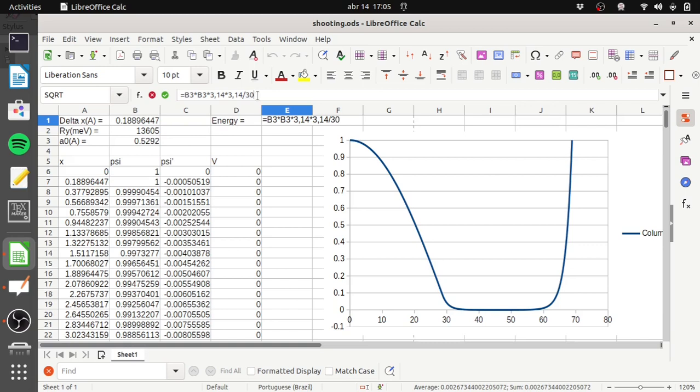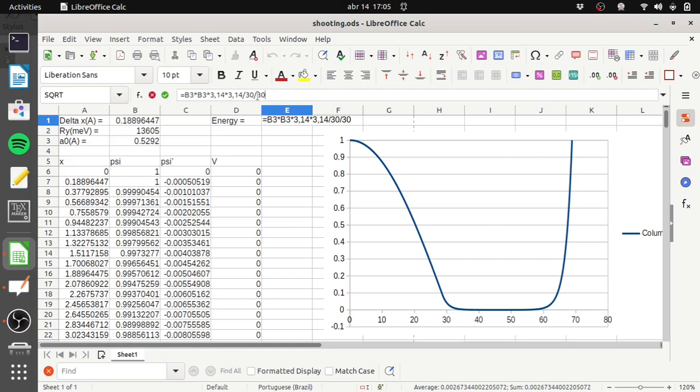So I have to divide by 30 and by 30. That should be a very good guess on the energy. So I'm saying that the energy of this quantum well should be Rydberg energy multiplied by A0 squared, n squared, pi squared over L squared.